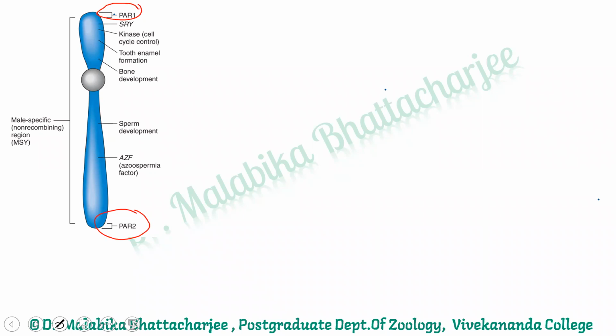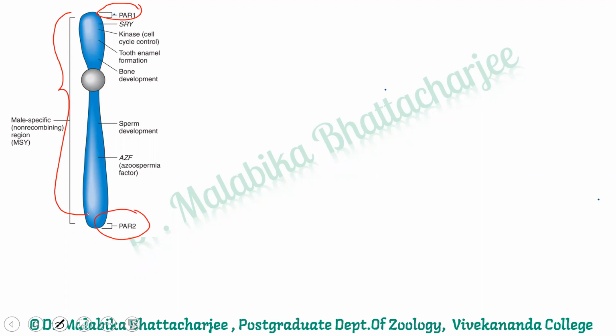Now, if you look at the remaining structure, at the extreme ends we have the pseudo-autosomal regions. Apart from them, the whole remaining part, that is 95% of the Y chromosome, does not recombine with the X chromosome. Hence it was coined the non-recombining region of the Y, or currently it is known as the male specific region of the Y, that is MSY.